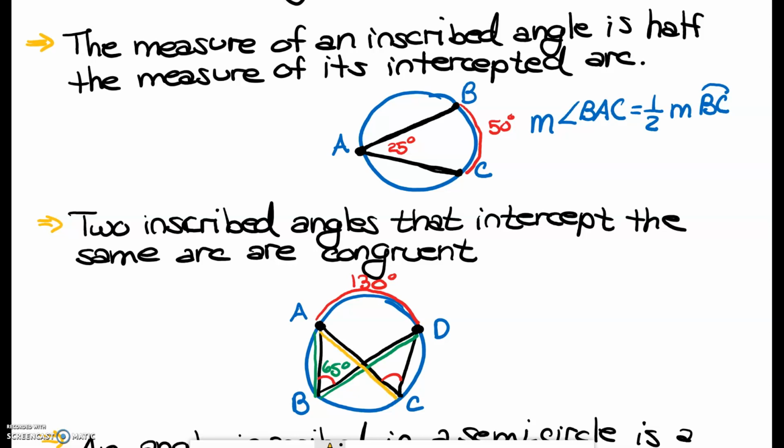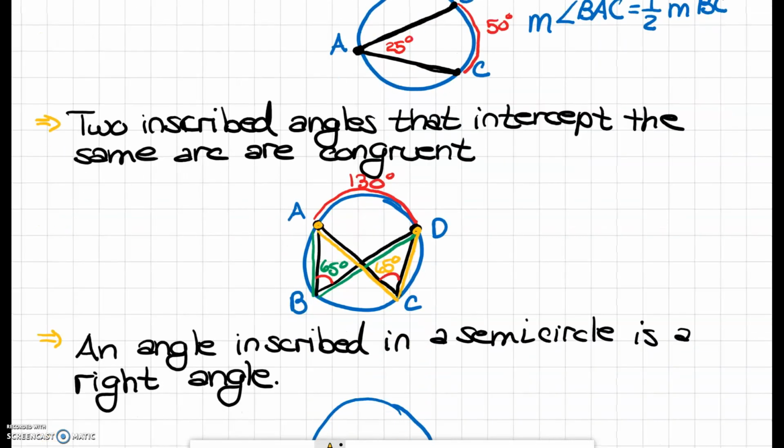But ACD is also an inscribed angle whose intercepted arc from A to D is 130, so it must also be 65 degrees. So I can say that these two inscribed angles, since they intercept the same arc, are congruent. They're both 65 degrees.